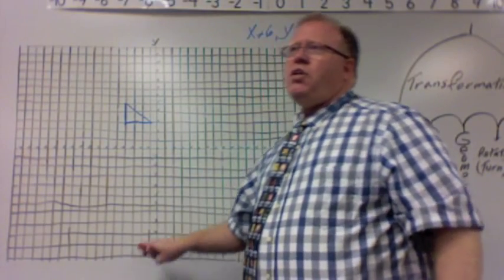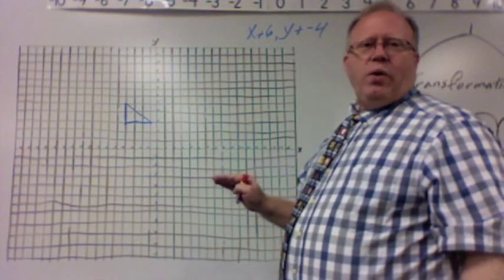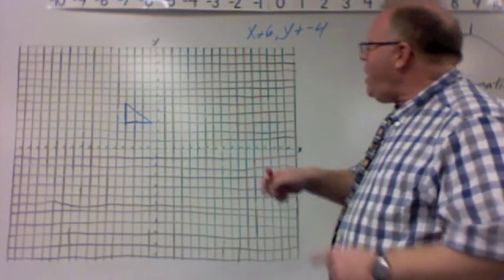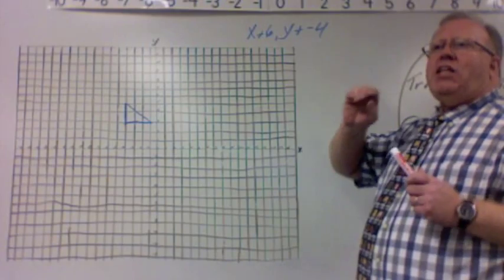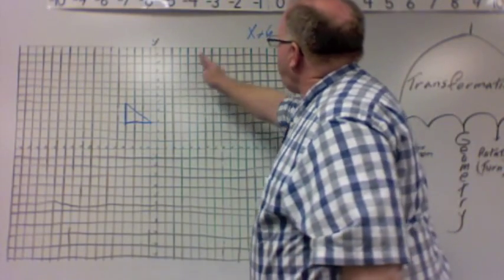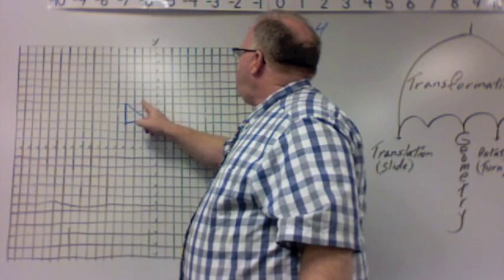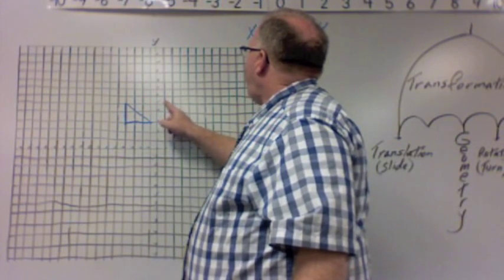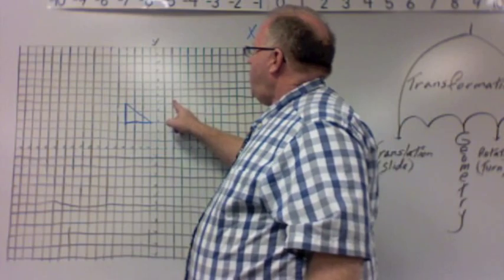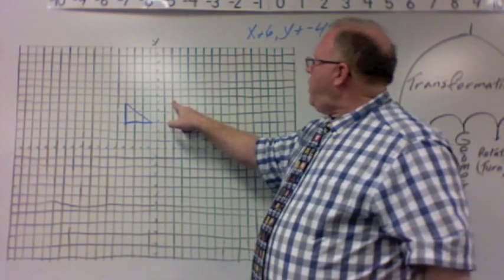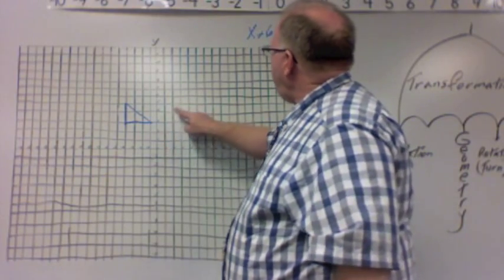Now we want to have this as a translation. Remember, a translation, we're going to slide. So we're going to slide over. And at this point, we're going 6 units over and 4 units down. So let's count. 1, 2, 3, 4, 5, 6. So here's my 6 unit over. And then I'm going to go 4 down. Okay?